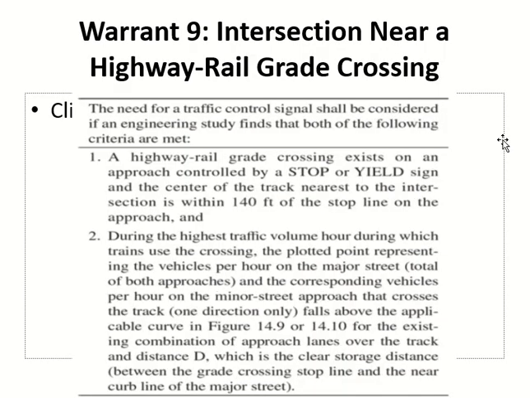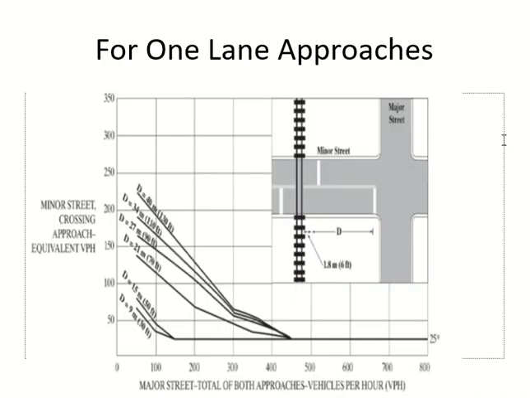This one is for railway crossing. If you have a railway line that is crossing a highway, then we have this graph. In the graph, the total volume of the major road and the one-way volume of the minor road. You come to the graph, and according to the distance, you select your curve.